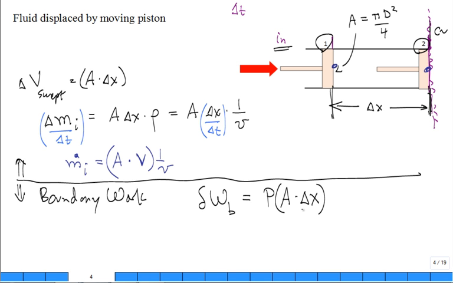And so if I look at this term over here, I have an area. Let me see if I can write that a little better. Maybe write this equation right up here. Let's go ahead and write it. The mass that's swept in is equal to the cross-sectional area times that displacement, so this product A times delta x is that volume swept in, divided by the specific volume coming in. True?